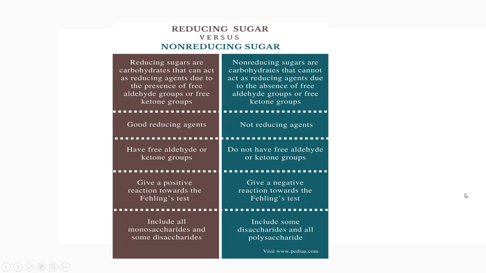What are reducing sugars and what are non-reducing sugars? Reducing sugars are carbohydrates that can act as a reducing agent due to the presence of a free aldehydic or ketonic group. Almost all monosaccharides are reducing because they have a free aldehydic or ketonic group.